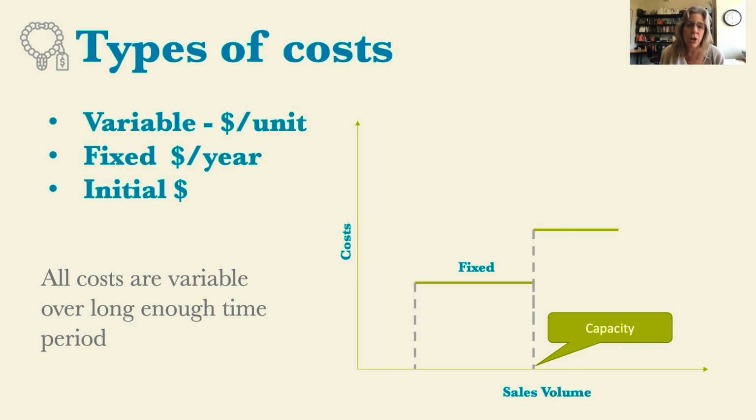Maybe we have to get another supervisor. So over time, if we lower the sales volume, we would lower the fixed cost, and if we increase sales volume, we'd increase it. It's a kind of step function. But if we zoom out far enough, this becomes a line, and we can consider all costs to be variable over a particular period of time.